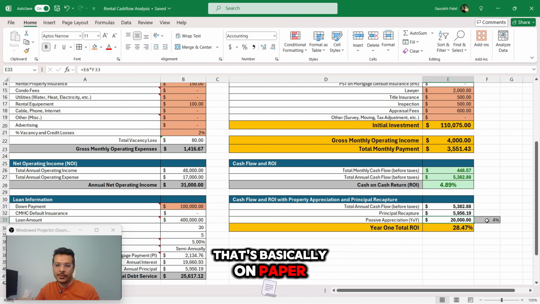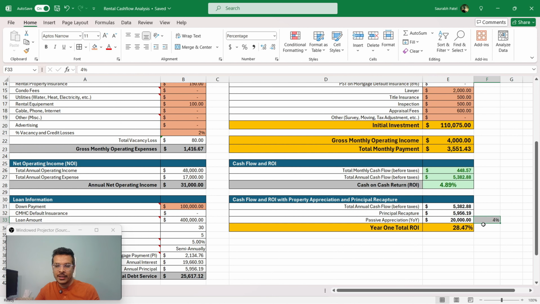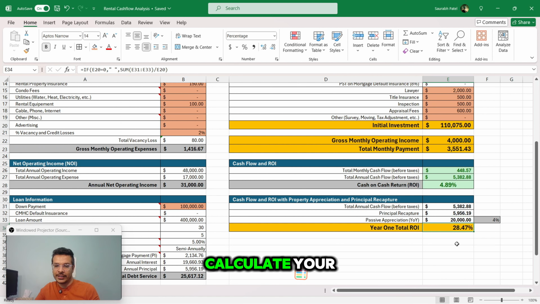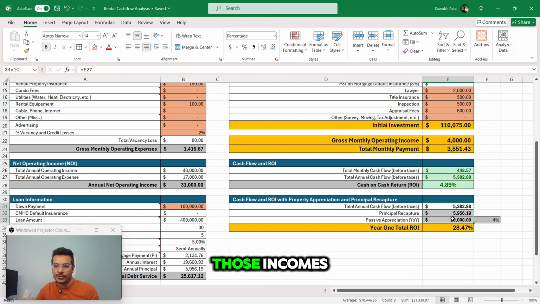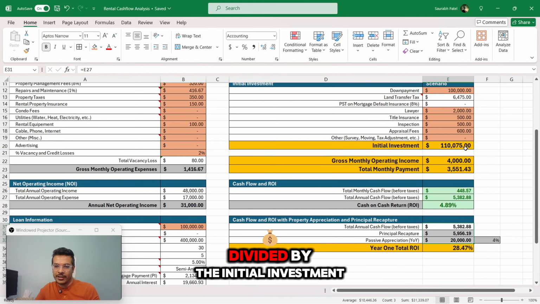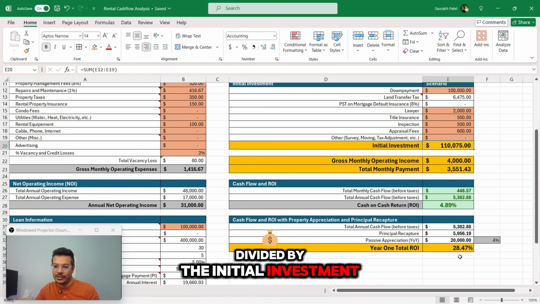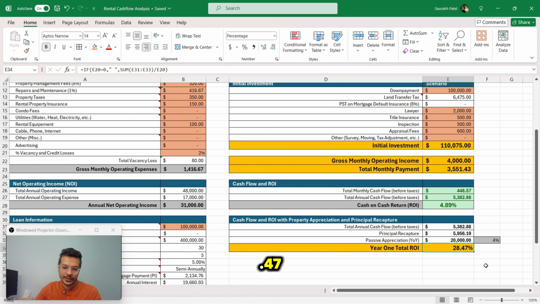That's basically on paper. You are not going to get it into your hand until you sell your property. So that 4% gets added on over here, and then you calculate your total return. That's basically all of those incomes divided by the initial investment. You come up with the number of 28.47.